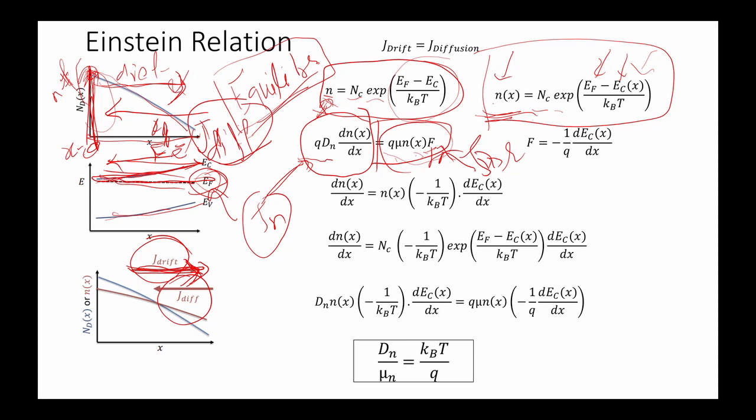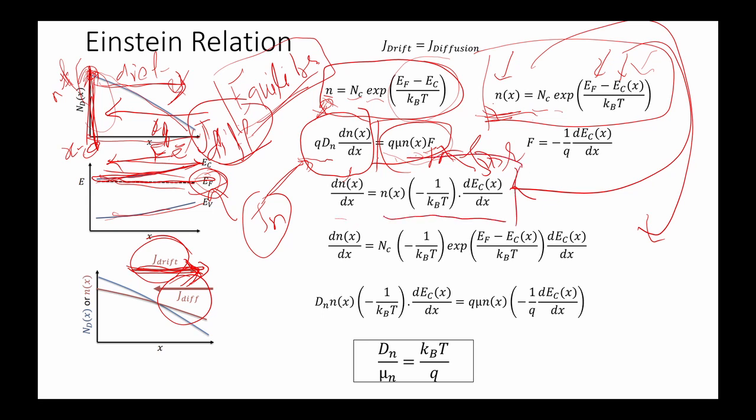Now we will calculate this dn by dx from this formula. Since n(x) depends on x, we can calculate dn by dx by differentiating once, and this relationship comes.